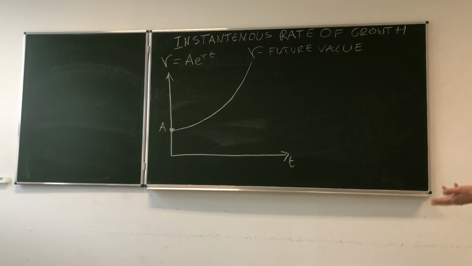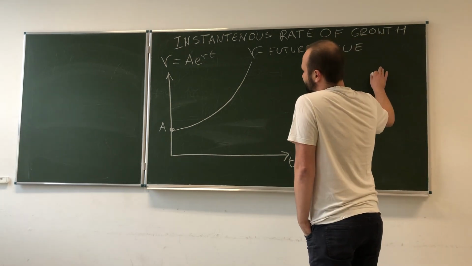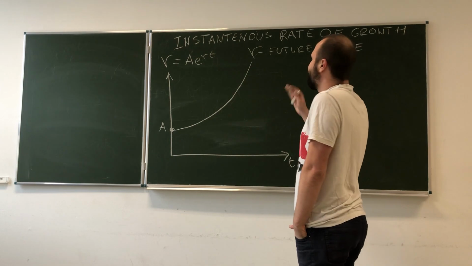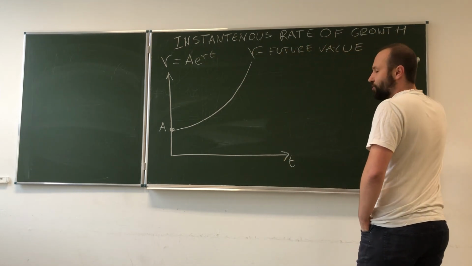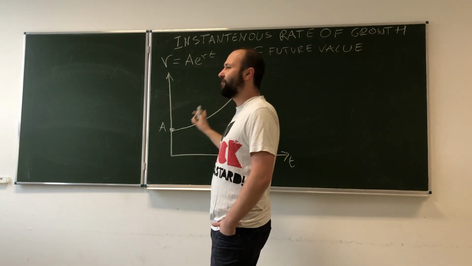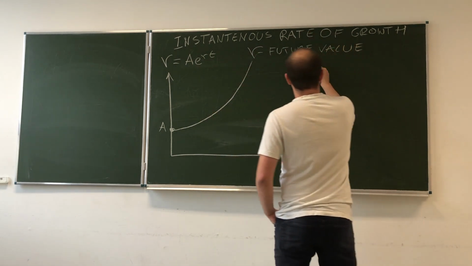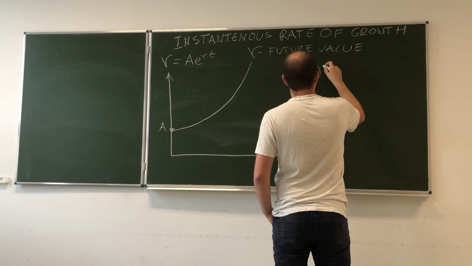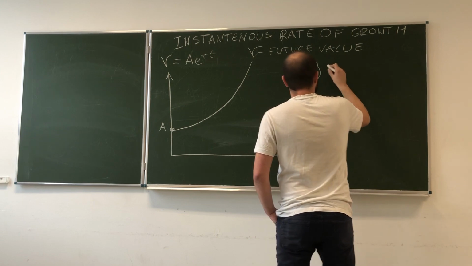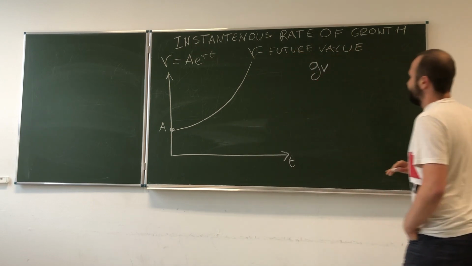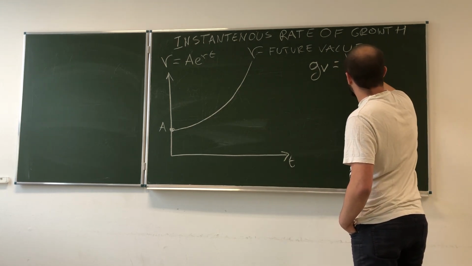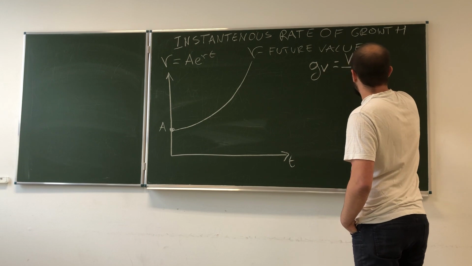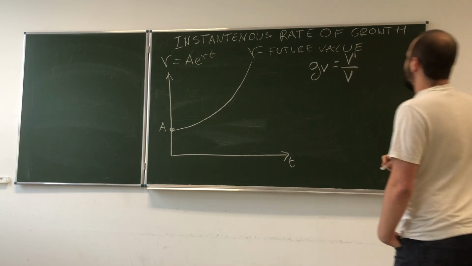Okay, so let's do it. First thing we need to do is define growth rate. Instantaneous rate of growth, so the rate of growth that happens at every single moment, we will define as, let's just say, g of V for now, and this will be the derivative of V over V.